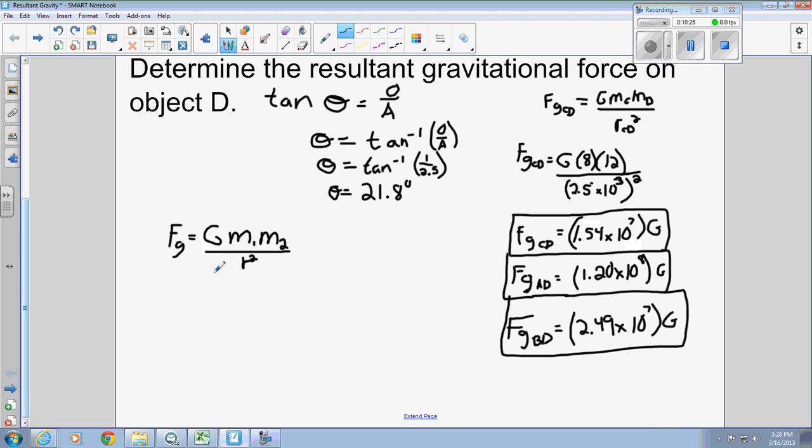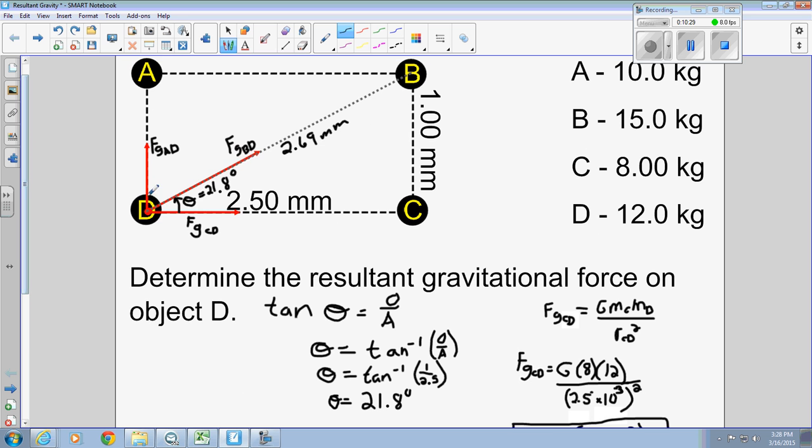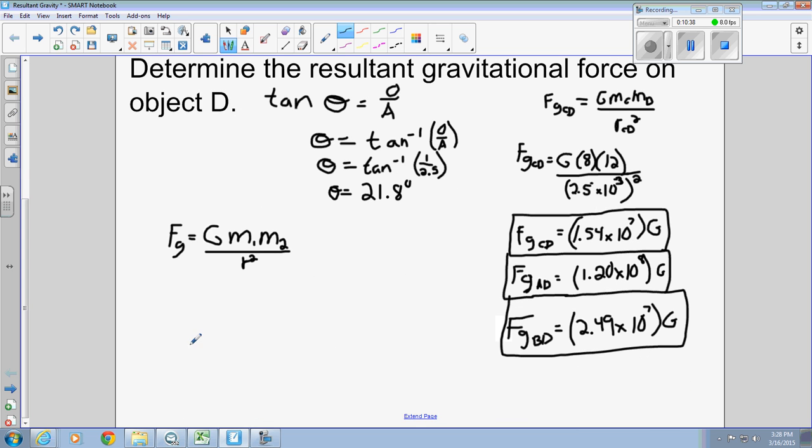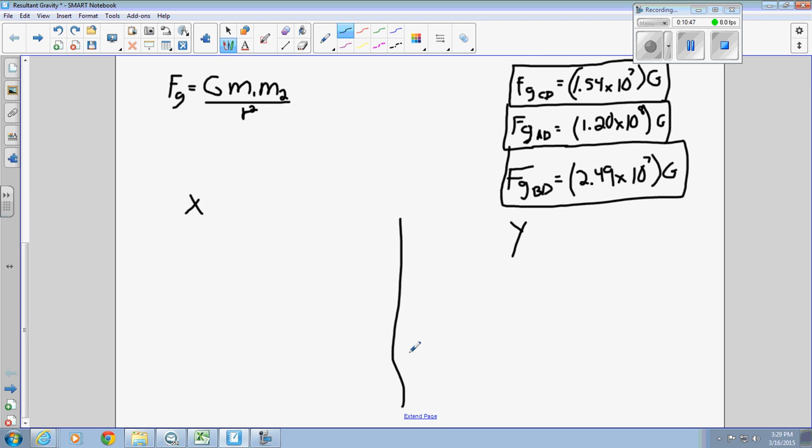Now, we can't just add up all these forces and say that's the force acting on D, because they're all acting in different dimensions. So we have to figure out what forces are acting in the x direction and sum up our forces that are acting in the y direction. So we got to take this and split them up into directions of x and y.